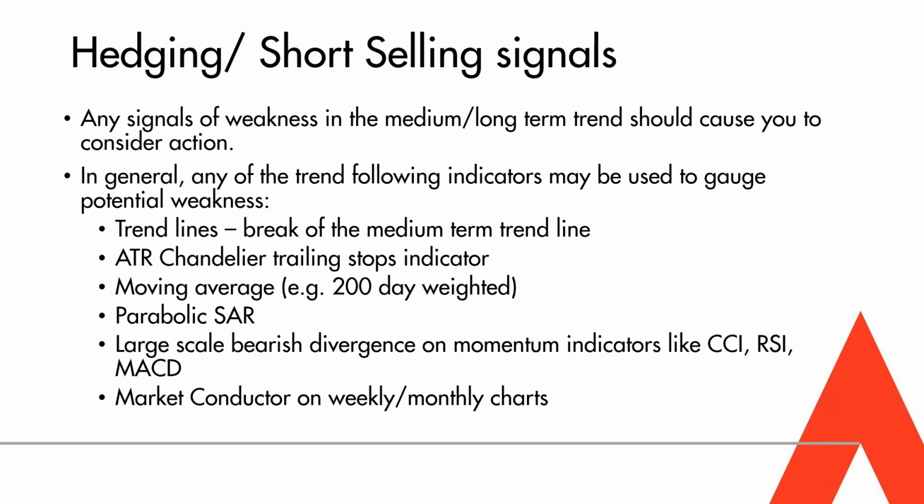You could be using indicators like ATR trailing stop dots, moving averages such as a 200-day weighted moving average, parabolic SAR dots, large-scale bearish divergence on momentum indicators such as CCI, RSI, and MACD, and even market conducted dots on a weekly or monthly chart could be a reason to consider hedging for a potential downturn on the stock.